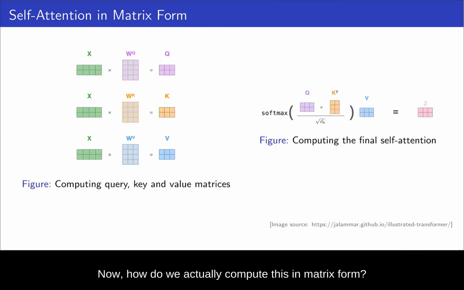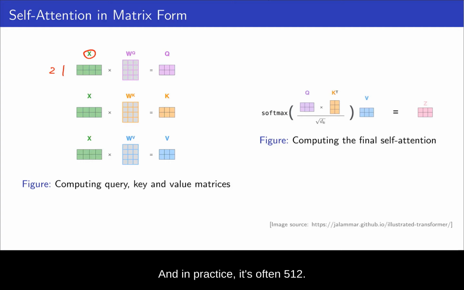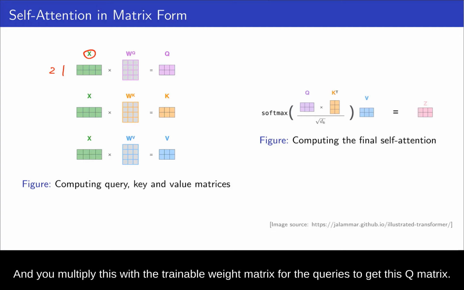Now, how do we actually compute this in matrix form? We have a sentence that has 2 words. That's why the dimensionality of this X matrix here is 2 by, in this case, 4 in this small visualization. In practice, it's often 512. In the original paper, it's 512. And you multiply this with the trainable weight matrix for the queries to get this Q matrix.